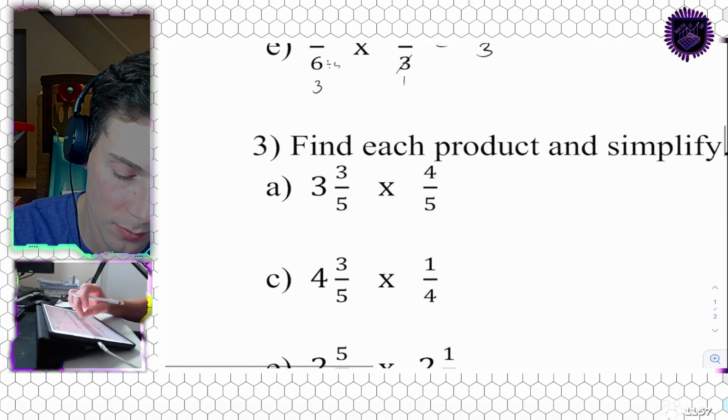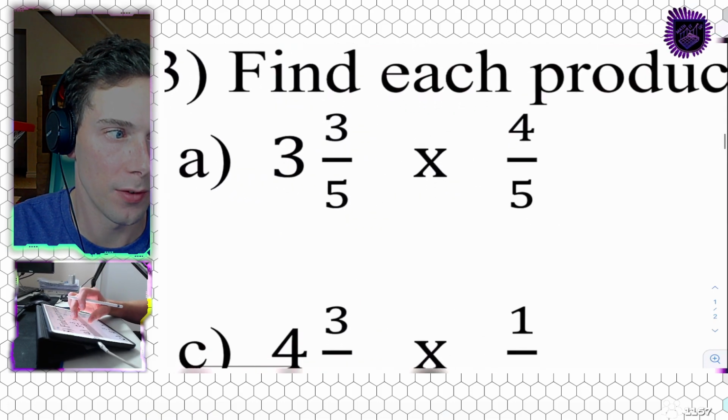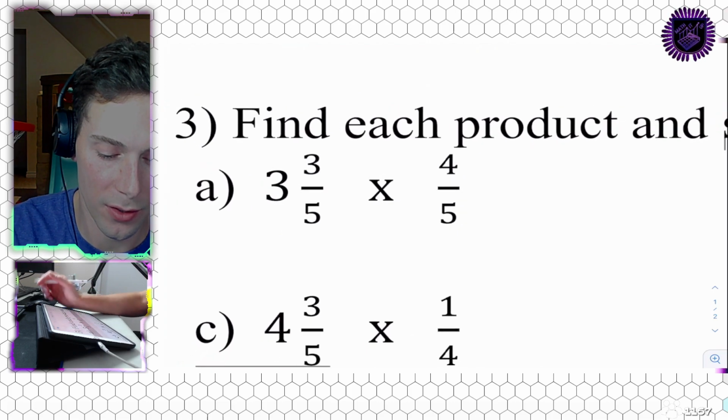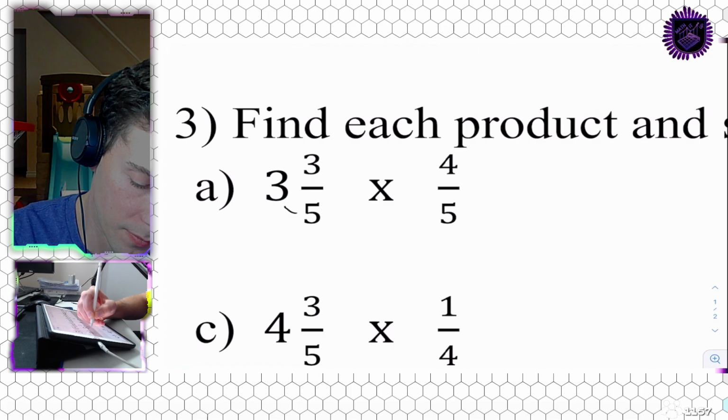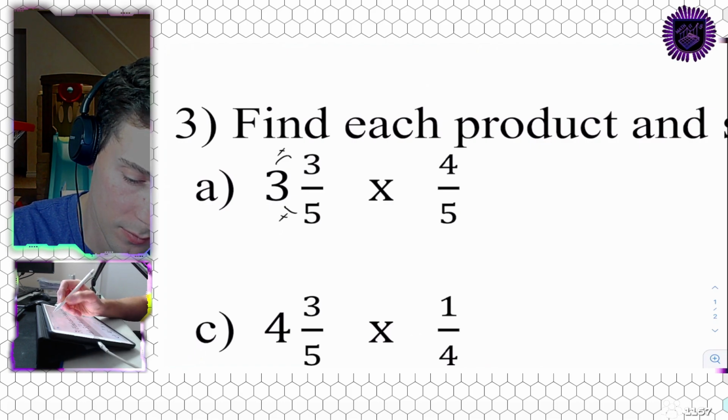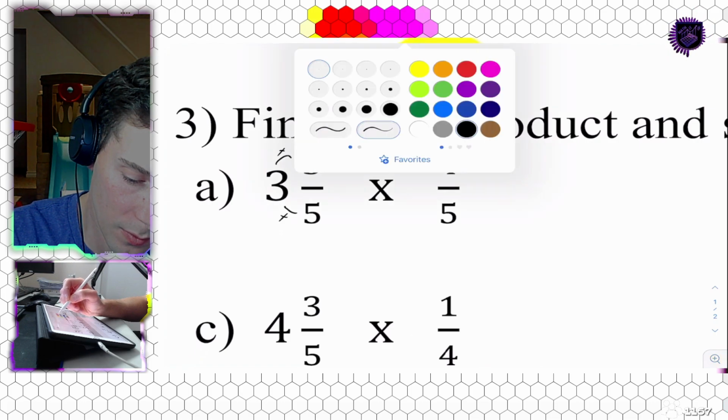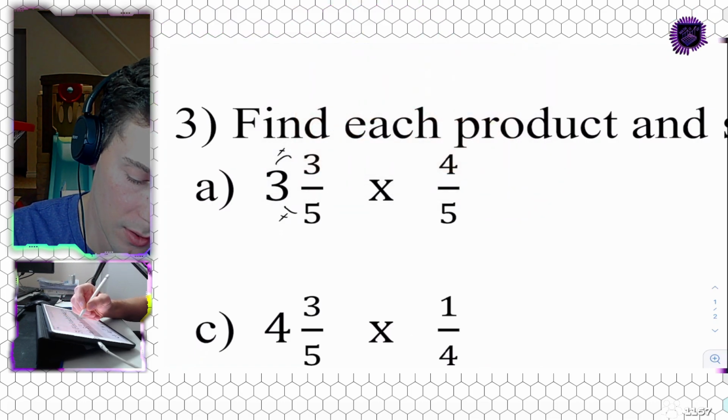Question 3A. Okay, if you remember, what we need to do here is we need to multiply and then add those on top. So let's do this in red. 3 times 5 is 15. 15 plus 3 is going to be 18.